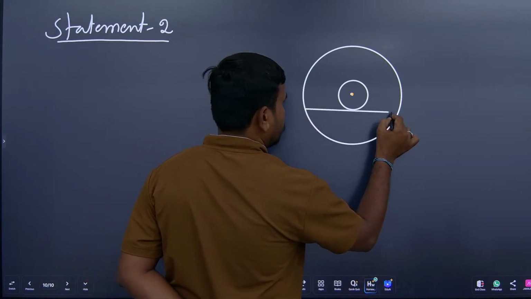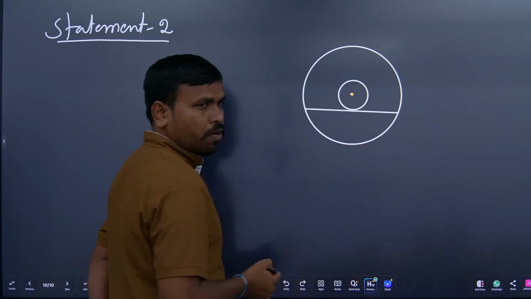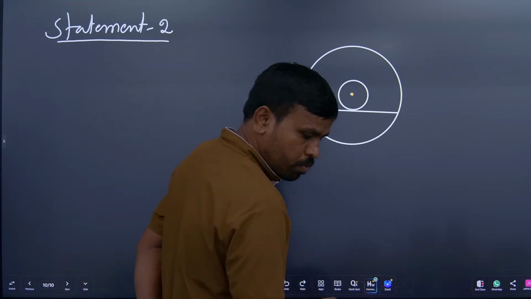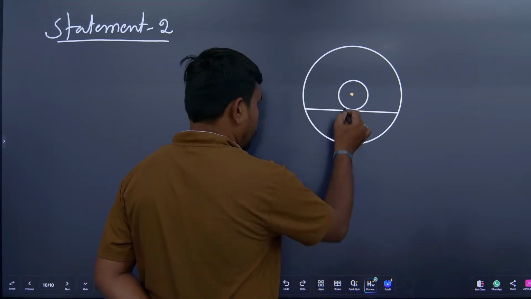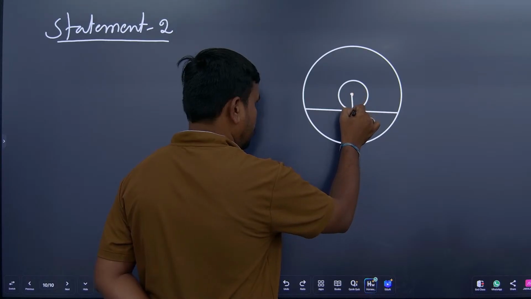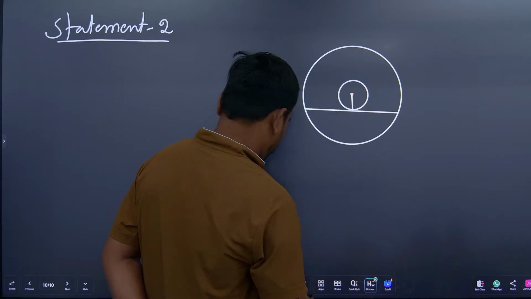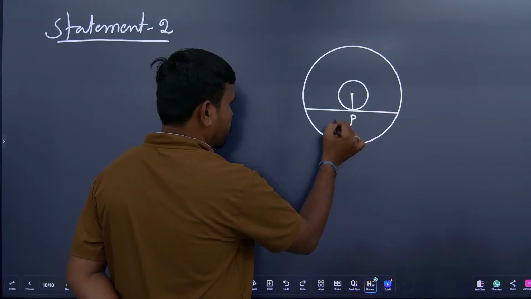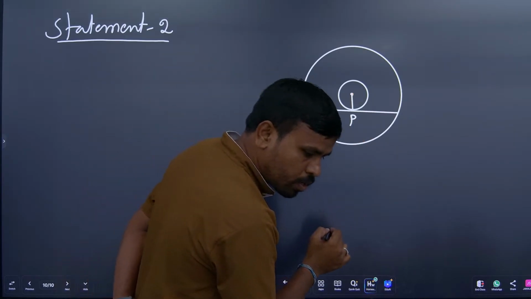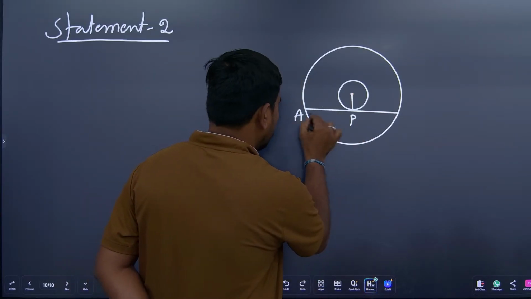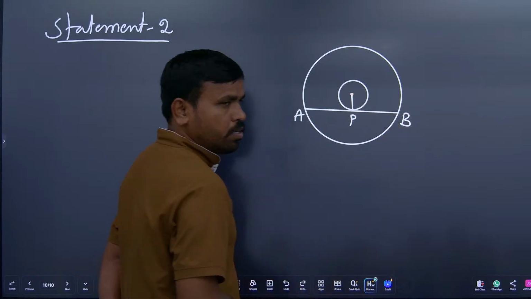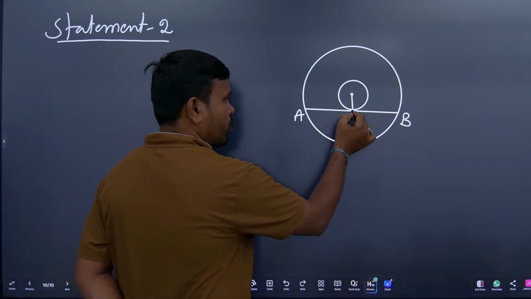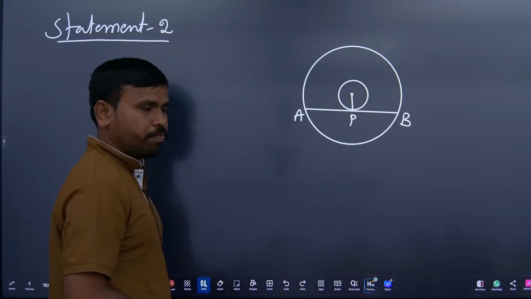Let us take one chord which touches the smaller circle at a point P. The chord is AB to the larger circle, and point P is the point of contact to the smaller circle.